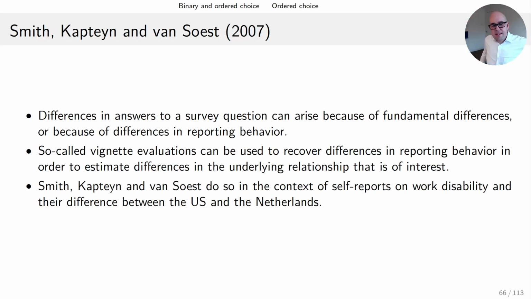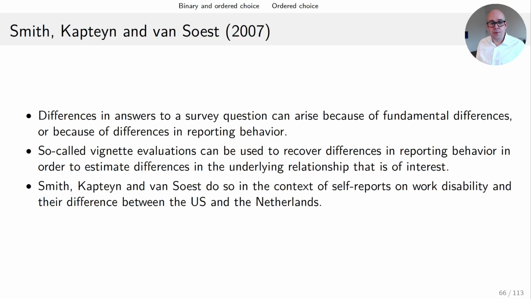So what exactly do I mean by that? What I mean is that differences in answers to a survey question can arise for at least 2 reasons. So it could either be that there are fundamental differences of some sort, or because there are simply differences in reporting behavior.